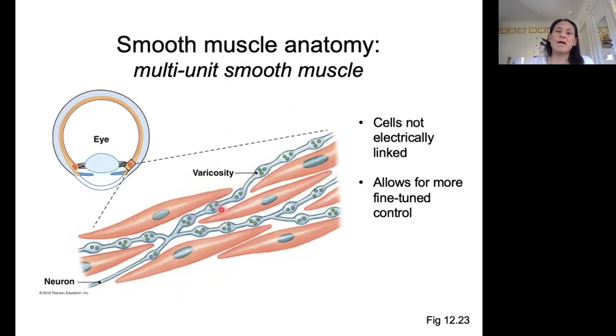In this case, that means that each cell is basically individually controlled. And this can be advantageous if you want fine-tuned control. In this configuration, every cell has to be very close to a varicosity because it's going to need to be directly controlled. Okay.